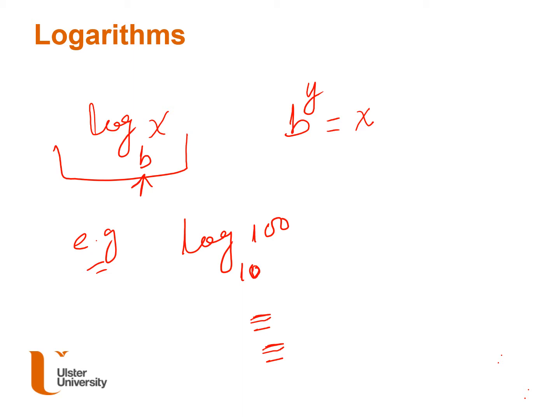So what could be the power of 10 that is going to make 100? In that case, we know that the power of 10 should be 2 to make 100. In that case, the answer for log 100 base 10 would be 2.